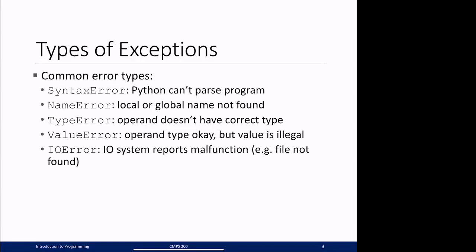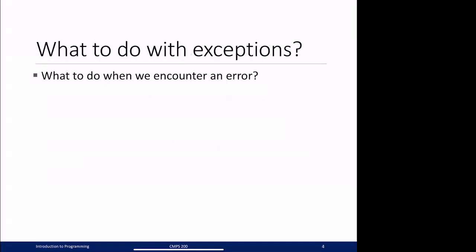Value error: the operand is okay, its type is okay, but its value is illegal. For instance, dividing by 0, that's a value error. And IO error, which you typically see when using files, so you try to open a file that is not found in the system, giving it a wrong path, and so on.